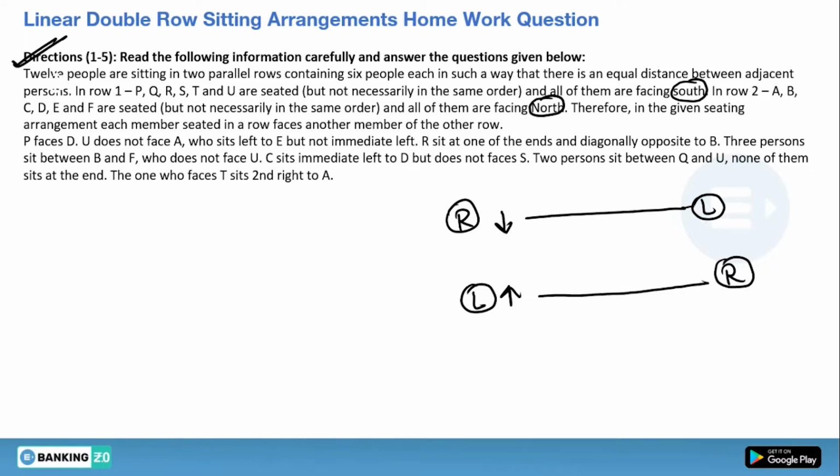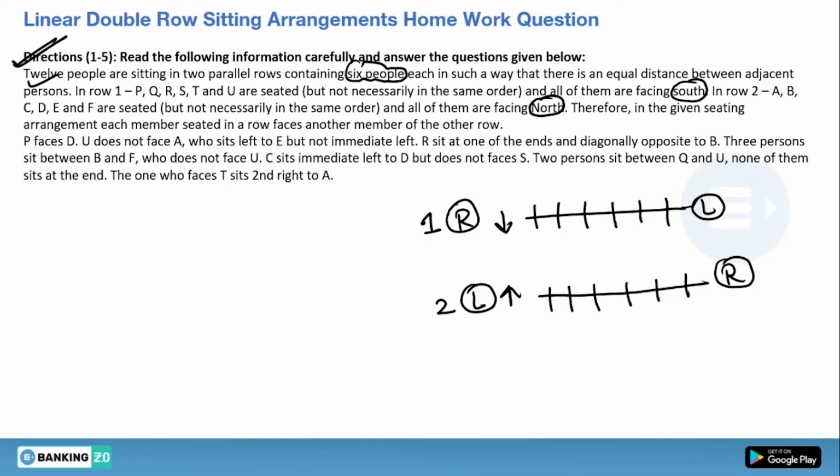There are 12 persons and 6 people in each row, so 1, 2, 3, 4, 5 and 6, similarly here also 1 to 6.